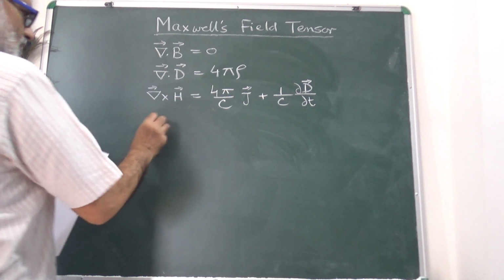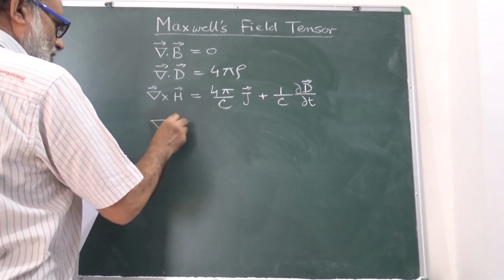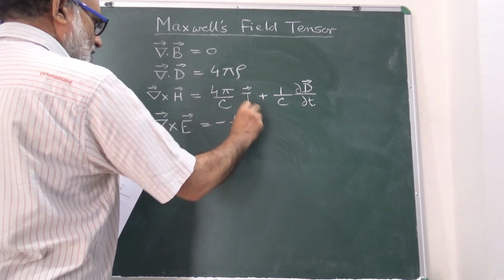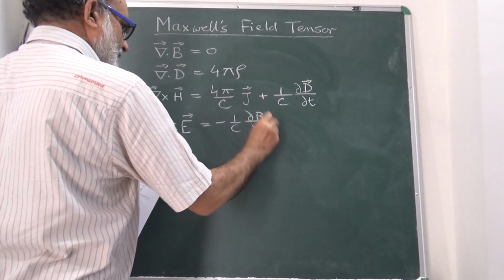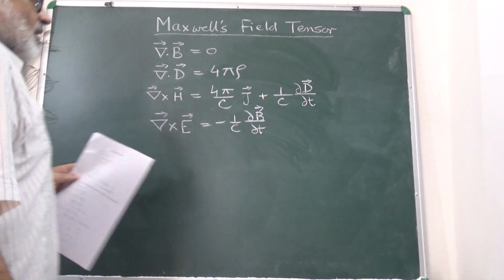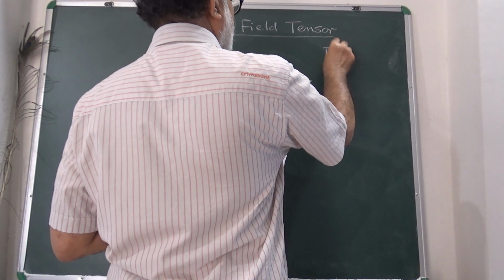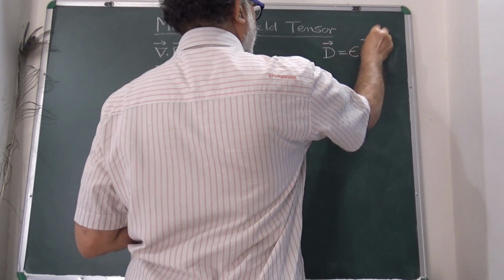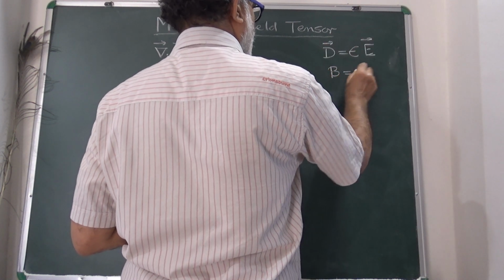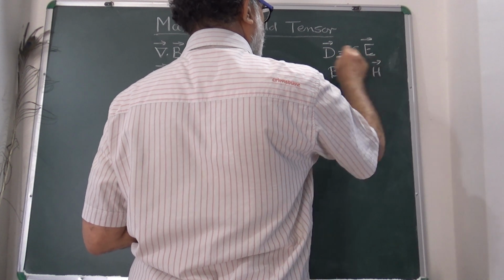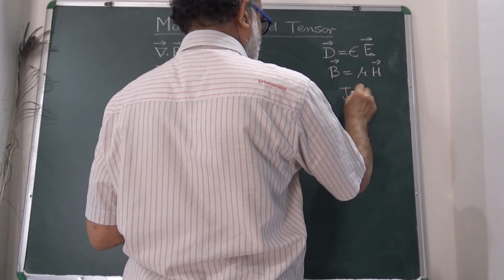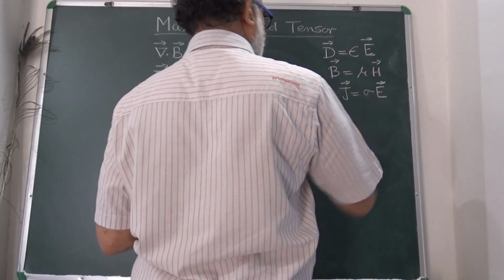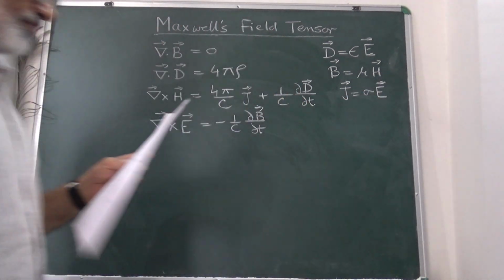This everyone knows, but just to recall, I am writing on the board. Curl of E is minus 1 by c dB by dt. And D, the displacement current, is epsilon, the permittivity, times the electric field. B is mu times H, and J is sigma times E, which is called Ohm's law. So all these things we know.